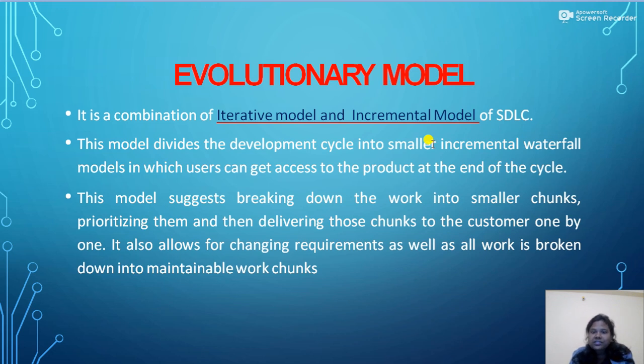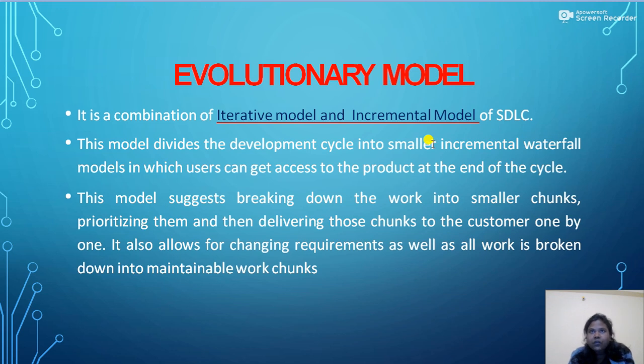Then we focus on that individual module, we first complete that module, then we deliver that particular module, not the complete product, the first module, to the customer, then we collect the feedback from the customer. After the completion of the whole product, the incremental model is completely over.